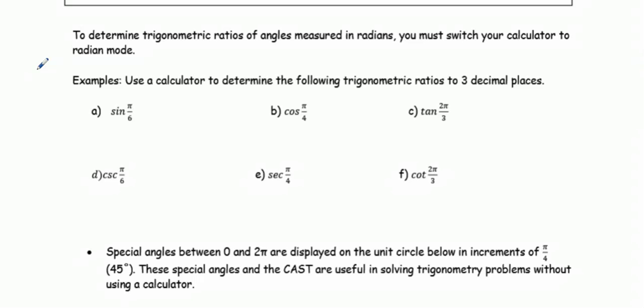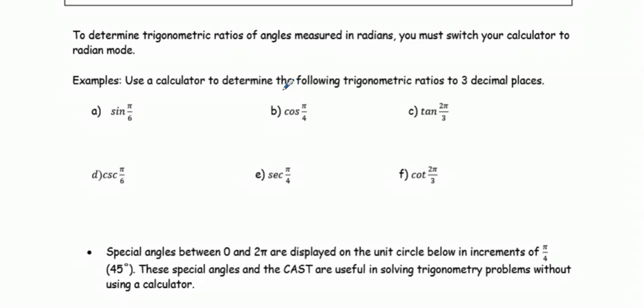Okay, so sine of pi by 6. I know that pi by 6 is, well, pi is 180 degrees, and 180 degrees divided by 6, that's 30 degrees. Now, I don't encourage you to switch into degree mode at all, but I'm just, for starters, getting you to see that pi by 6 is the same as 30 degrees. But now, because it's in radian mode, we want to put that into our calculator using just our pi button as per usual.